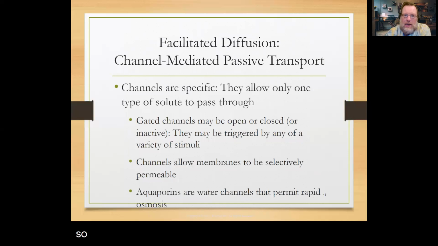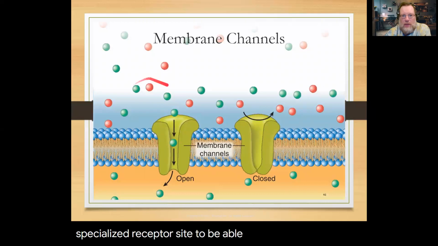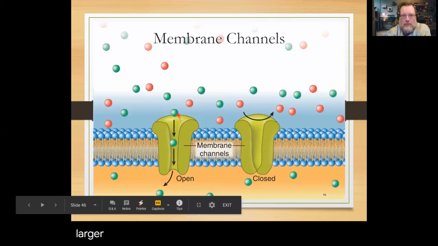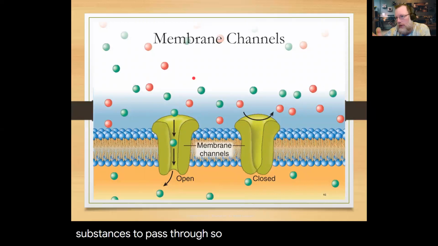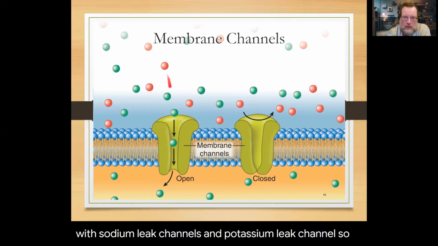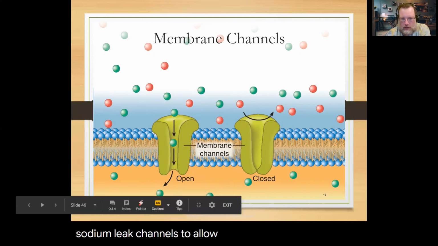So we need to add some sort of a channel or some specialized receptor site to be able to allow for these larger substances to pass through. So we saw this with the neuron, with sodium leak channels and potassium leak channels. So sodium leak channels allow sodium to leak in, potassium leak channels allow potassium to leak out.